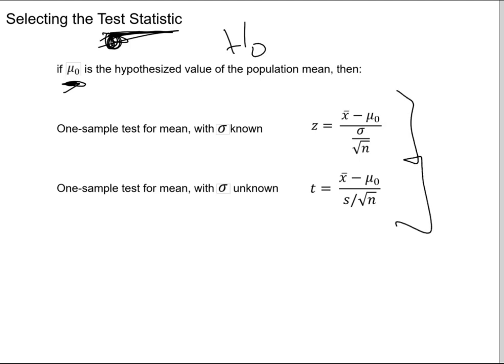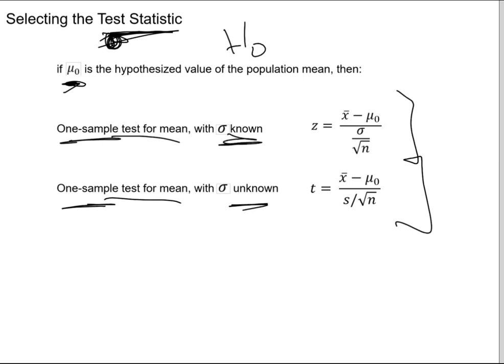Lots of words, but that's just saying, if we have a one sample test for means, which is what we're going to focus on initially, we've got two different versions of this test statistic. One, when our sigma is known, and another when our sigma is unknown.